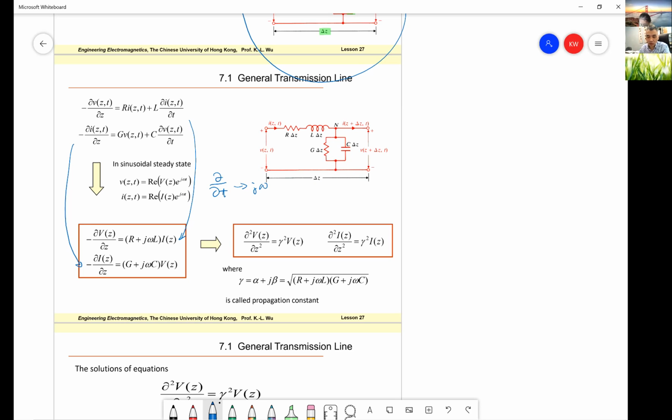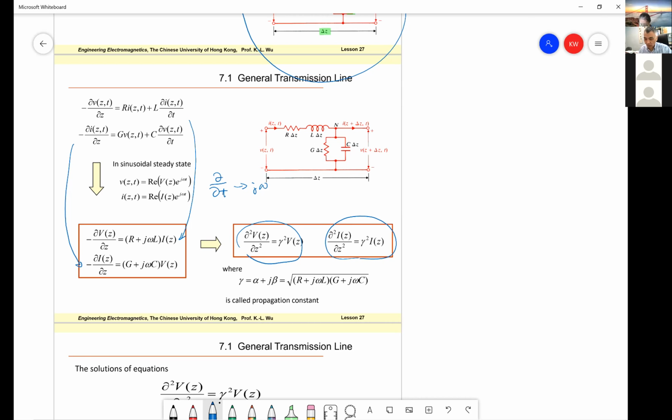Then for this equation, you take another derivative with respect to z, and we can generate two wave equations, one for voltage, one for current. At the same time, these two wave equations already tell us the complete basic properties of the transmission line, determined by the circuit model.